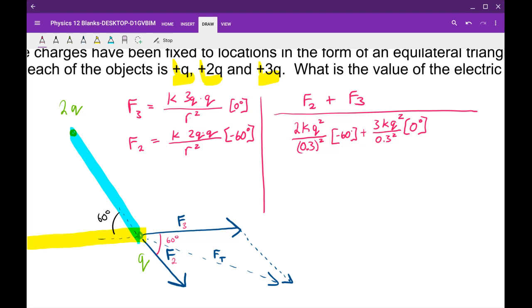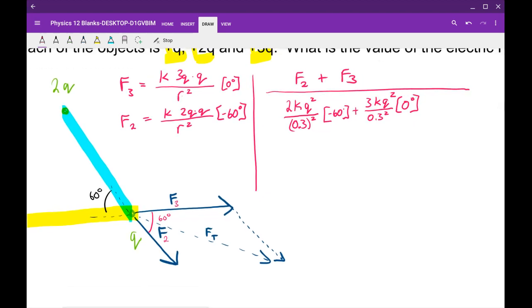And believe it or not, you can actually take a look at what I'm going to do here. I'm going to note that I have a k, a q squared, and a 0.3 squared as a common factor in both of these things.